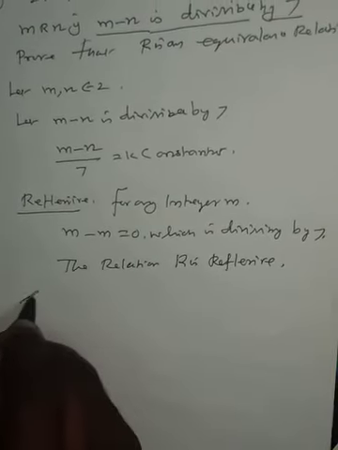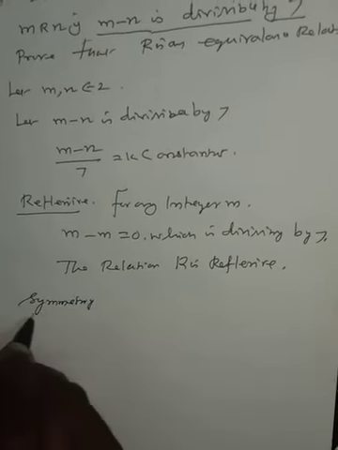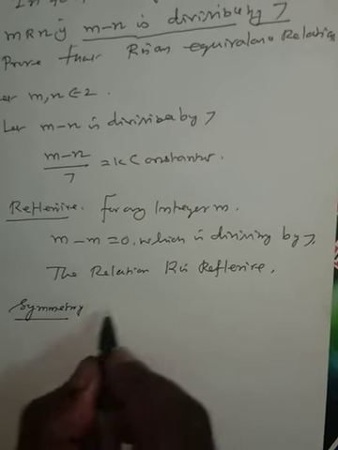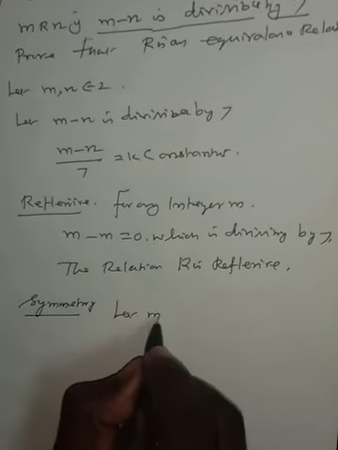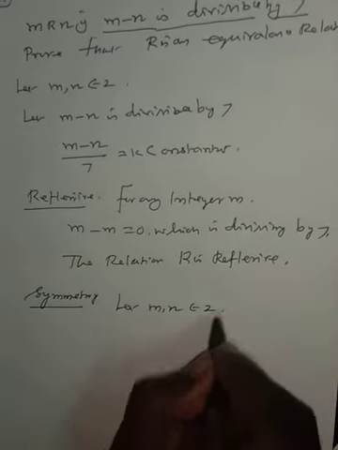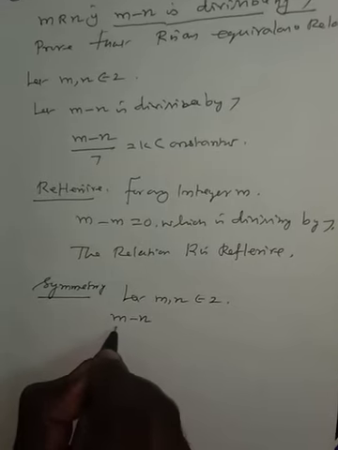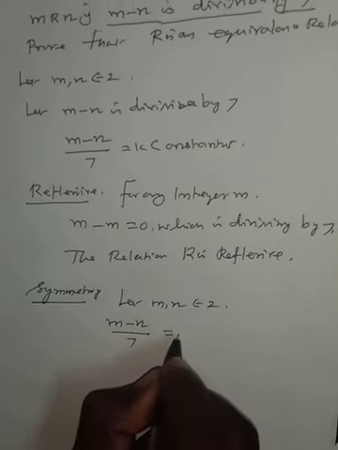Next is symmetry. Let m, n belong to the integers. m minus n divided by 7 is equal to k.